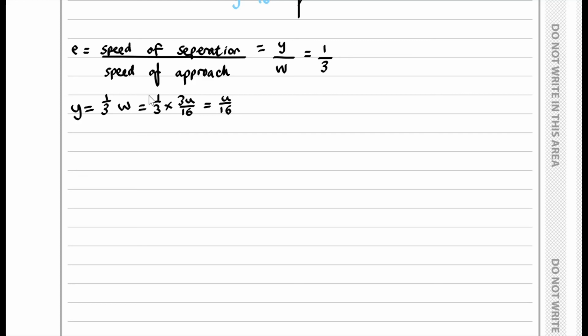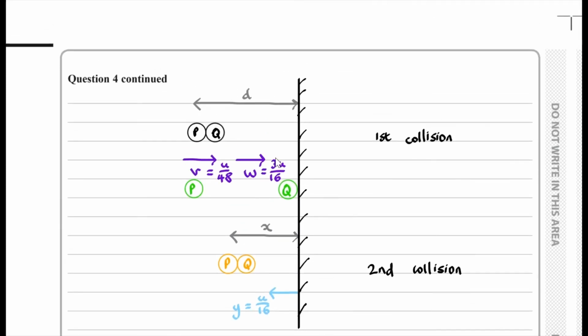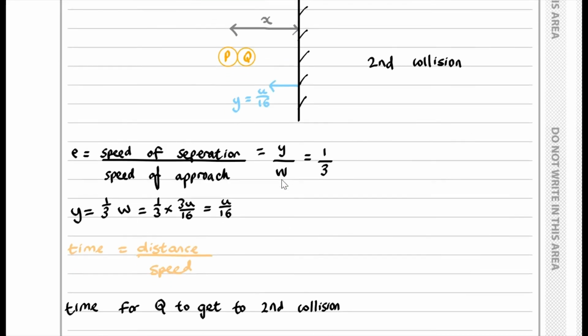The time to get to Q, well, before we do that we have to write down a formula. Time is equal to distance over speed, and therefore the time for Q to get to the second collision is equal to, well, we've got the distance d over this 3u over 16.